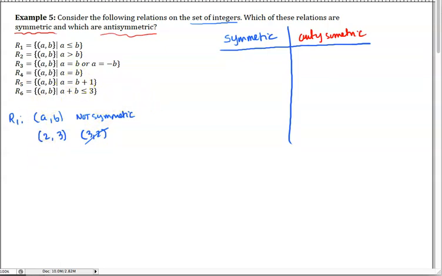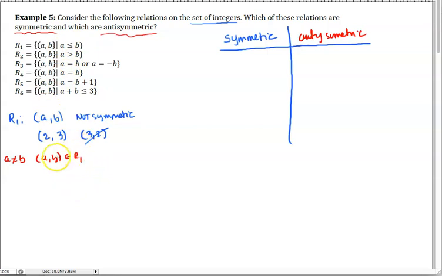Let's see if it's anti-symmetric. If I have (A, B) in R1, then its opposite cannot be in R1. But remember that for anti-symmetry, you need to look at A and B that are different from each other, so you don't really care whether the doubles are in. The doubles are in R1 because 2 is less than or equal to 2, 3 is less than or equal to 3, and so on.